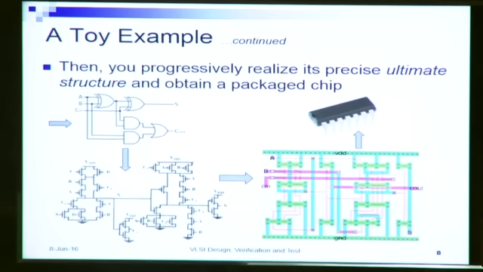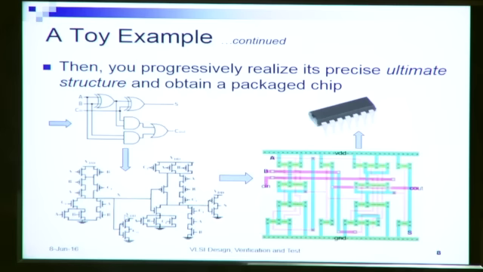However, from the behavioral description, we progress one step towards structure, towards a logic level description of the application. From that logic level we will have a transistor level design. The transistor level design here is a CMOS design of the same 1-bit full adder.